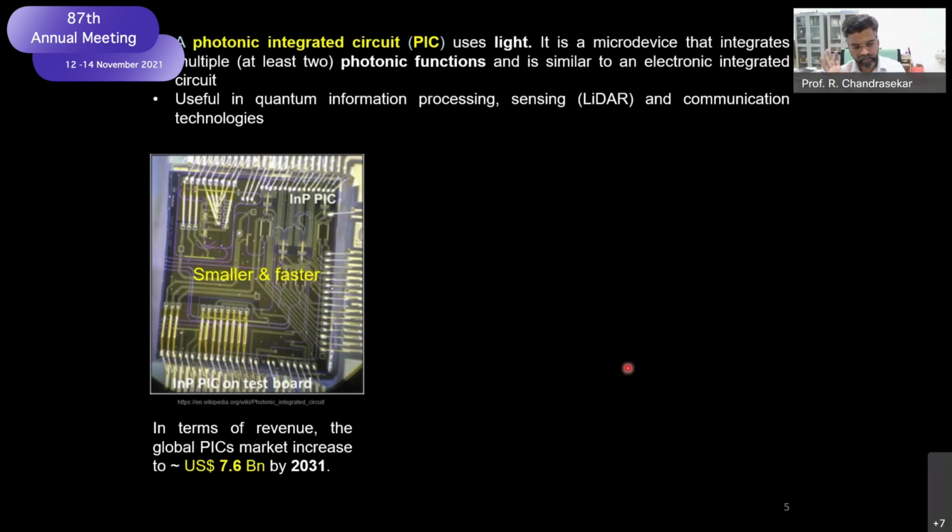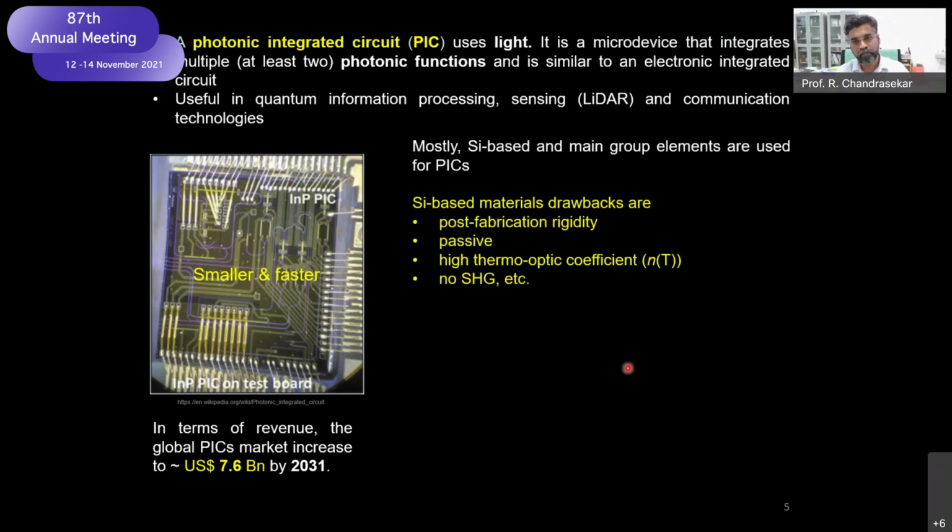It is expected that by the end of 2031, the revenue in the PIC business will reach up to $8 billion US dollars. Mostly silicon, silicon-based compounds, and main group elements are used for PIC fabrication.